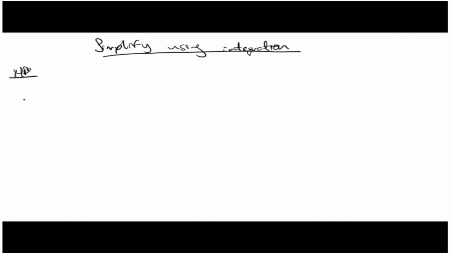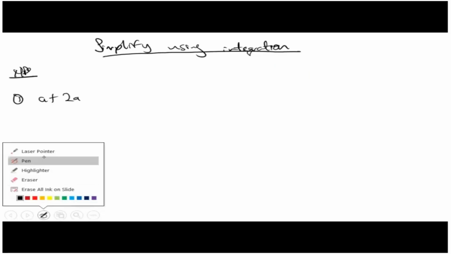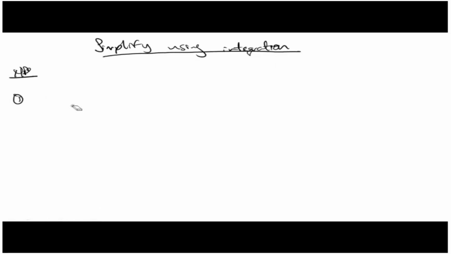We need to know that when you have a squared plus 2ab plus b squared, it's equals to a plus b all squared.